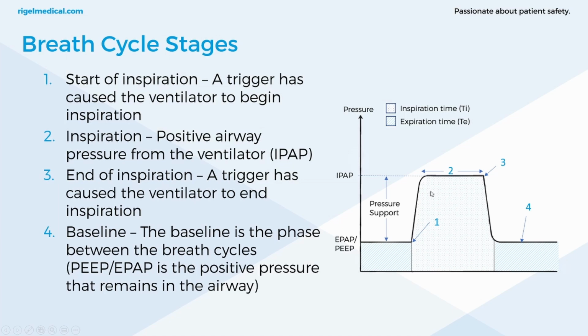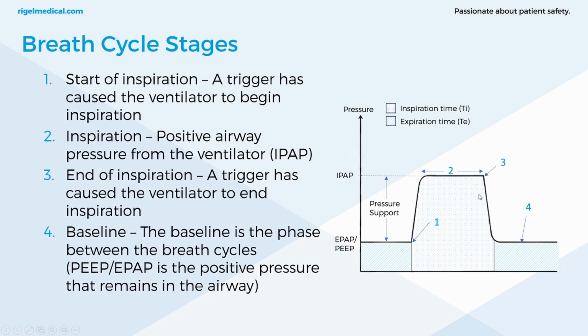If 500 mils of tidal volume is set in the ventilator, once 500 mils has been delivered during the inspiration phase, then the end of inspiration has been triggered. So we're outputting pressure, we've got 100 mil, 200, 300, 400, 500 mil delivered. Now we can begin expiration from the ventilator.